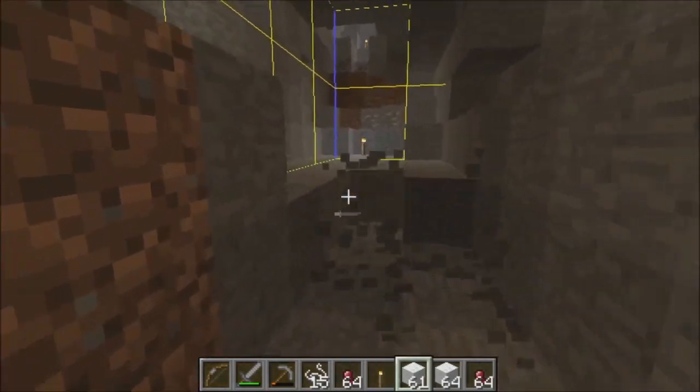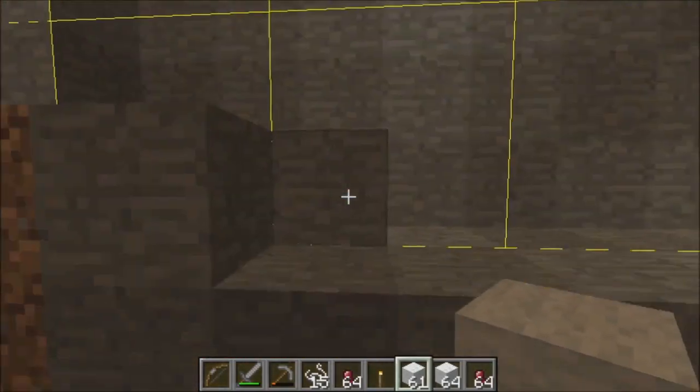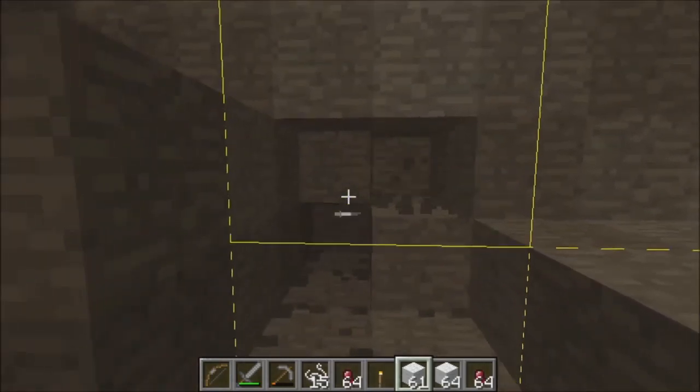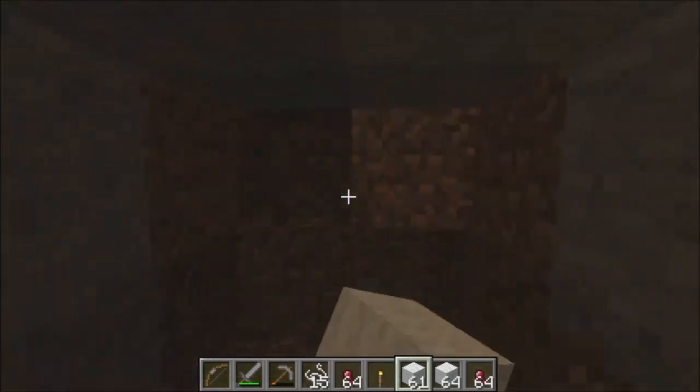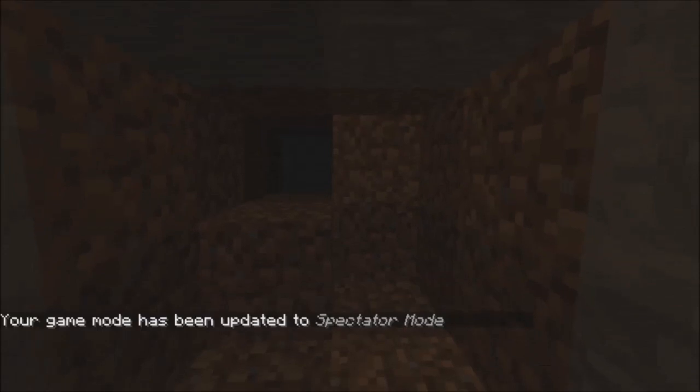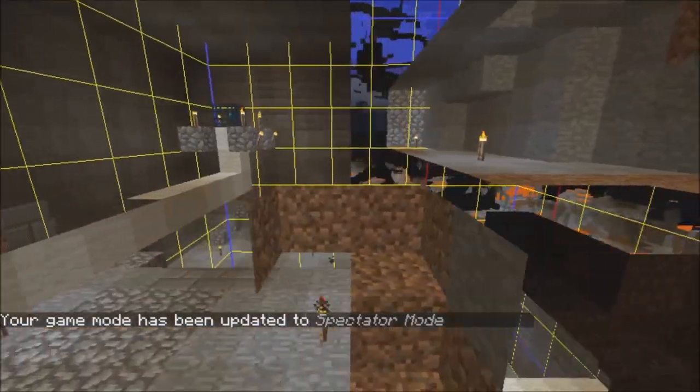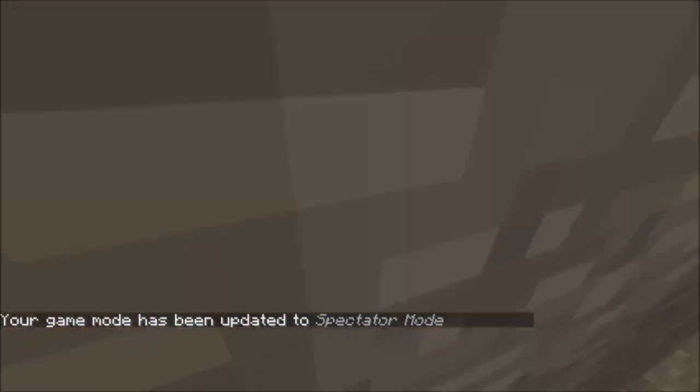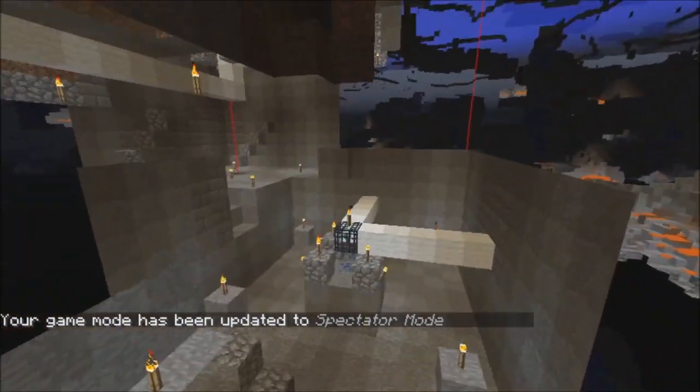And by looking outwards ever so slightly, where is it? Didn't look low enough.